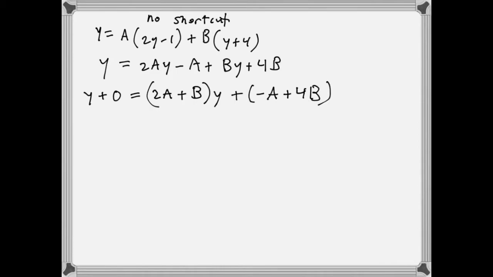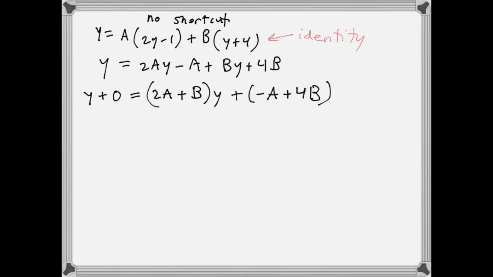What we're trying to do, see, this is the whole point here, is that this is an identity. This is not an equation. So in other words, this is true for all values of y. In other words, the left and the right must be identical.